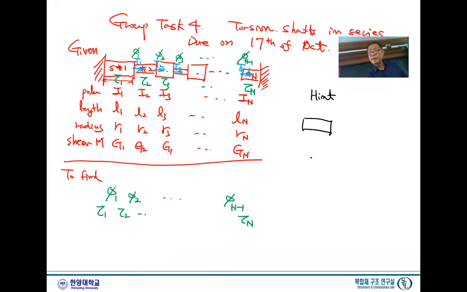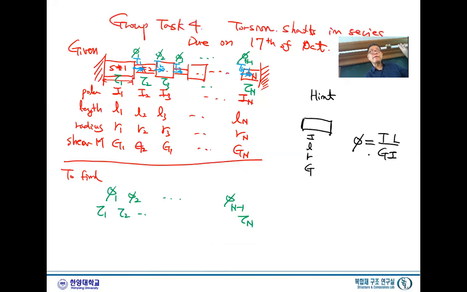Again, this has polar moment of inertia I and length L and radius R and shear modulus G. Now, on the left-hand side and right-hand side, what we have learned is that angle phi is torque T times L over G times I. You remember this, right?